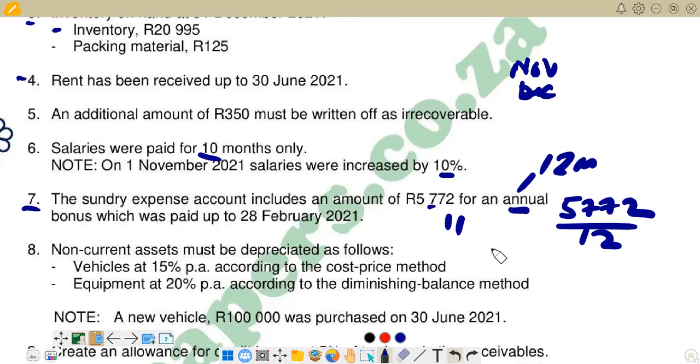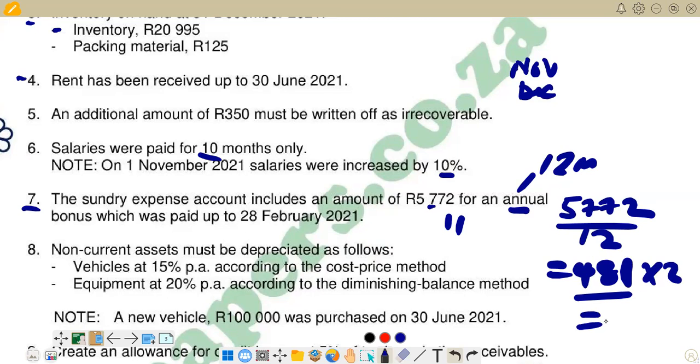So let's try to see. We have got 5,772. Then we divide by 12. Yes, we get 481. So this is representing the monthly amount. So for 2 months now, which is January and February, we are multiplying by 2.